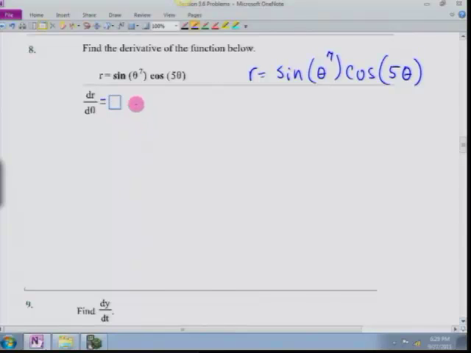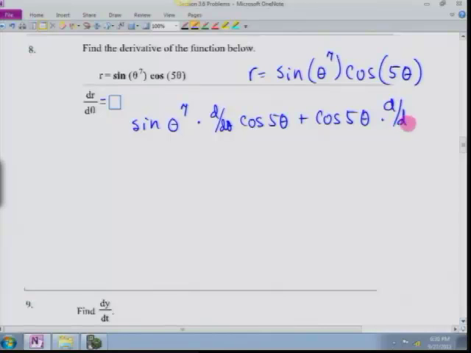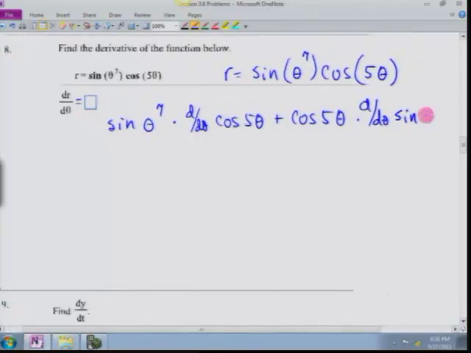So we would have sine theta to the 7th times the derivative of cosine 5 theta plus cosine 5 theta times the derivative of sine theta to the 7th. So I've written the roadmap. You try to work that one. It's not very long. Let's see what we get.